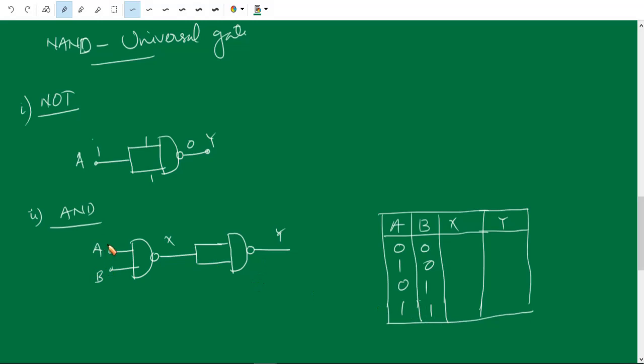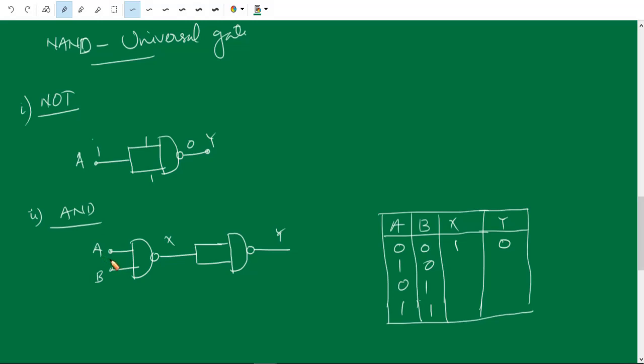So when 0 0, what happens? The output X is equal to 1, okay, and the output Y is equal to, if the input is 1, the output will be 0.